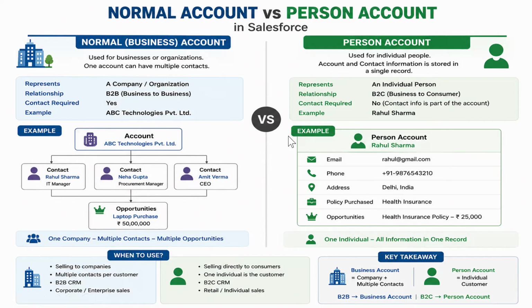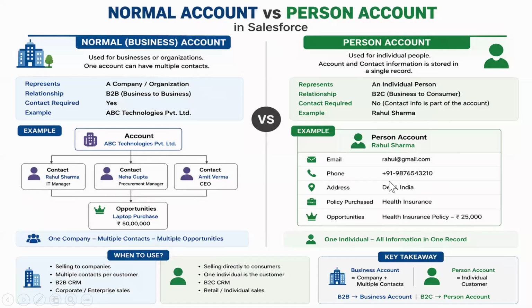But when it comes to the person account, it represents individual people. We don't have to create a separate contact for that. No separate contact creation, and it is mainly used in B2C. So in short, if you are doing B2B operations, you require account and contact, so we'll go with a normal account. But if we are doing B2C operations, then we will use a person account. It is used for individual people, and account and contact information is stored in a single record.